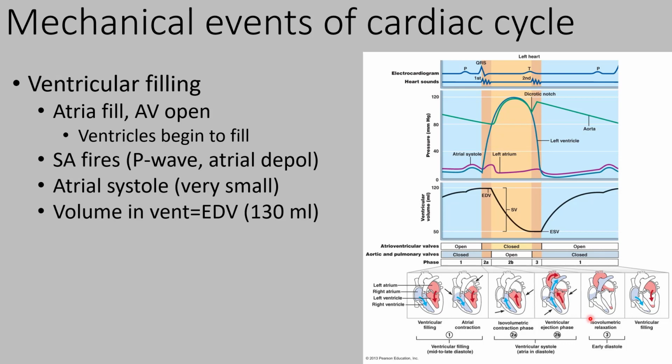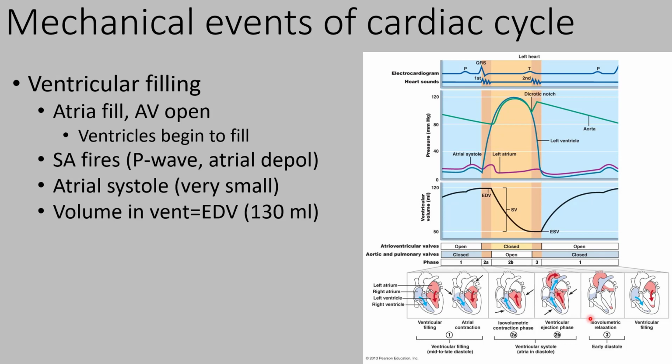As we are bringing blood back to the heart, that blood is entering the left atrium and the right atrium, and as the atria fill with blood, pressure inside those atria is climbing.